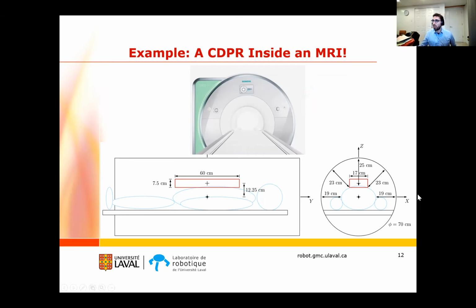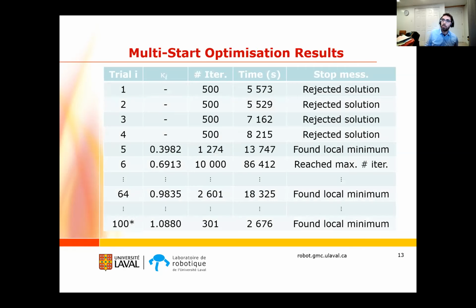So we took the dimensions of an MRI and we set up a prescribed workspace, which is the box in red there, and the patient would be in blue there. And we generated randomly many cable robot geometries. For some of them, the problem was too large and we didn't even get convergence.